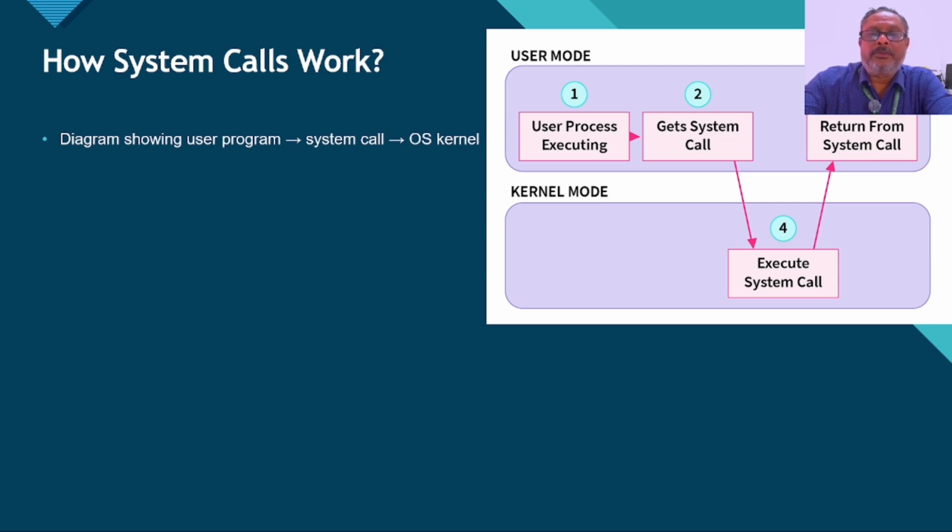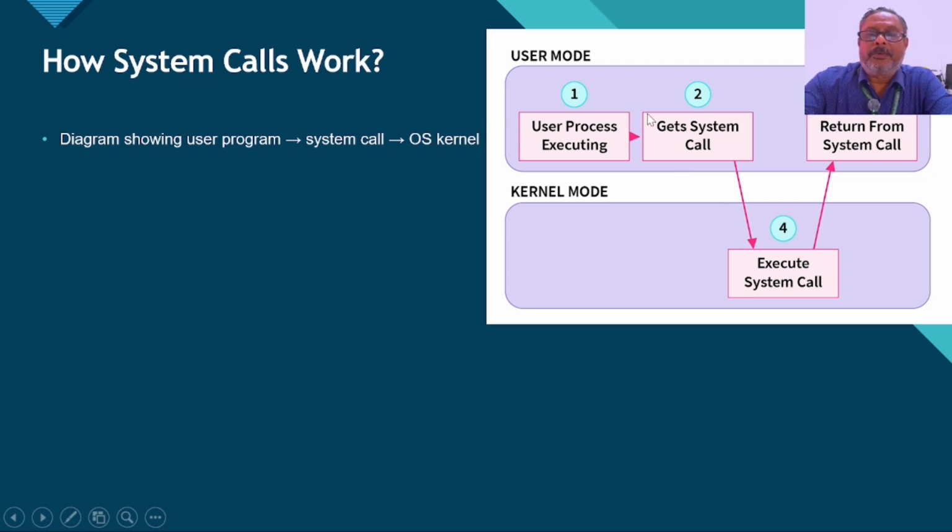Therefore, the user has to make use of what we call a system call, and through the system call only we can go into the kernel mode, and only in the kernel mode are these resources accessible. So to ensure safety and protection, system calls are very useful.